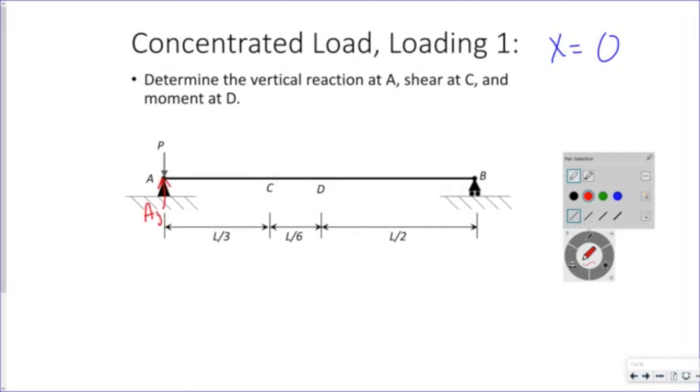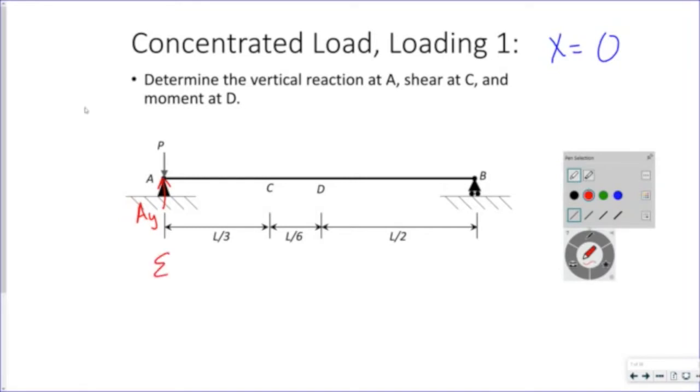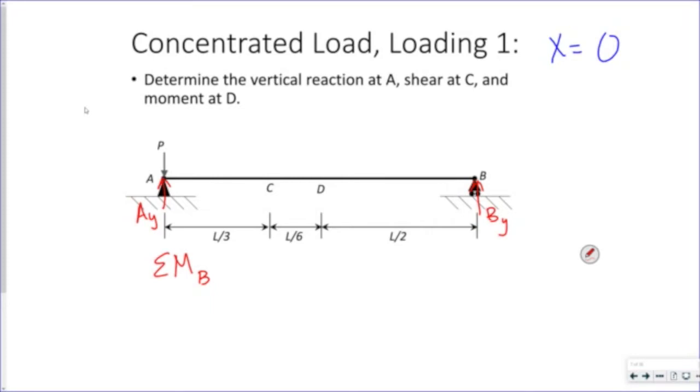What is the reaction at A? Well, I can do the sum of the moments about B, right? Because I'm going to have a vertical reaction at B, so I can't just do sum of the forces in the y direction. Sum of the moments about B is 0.